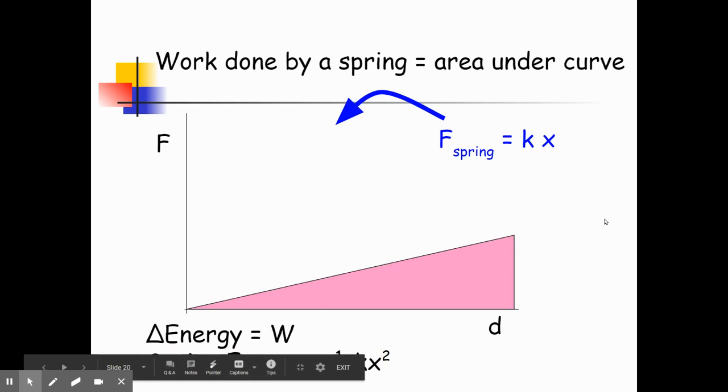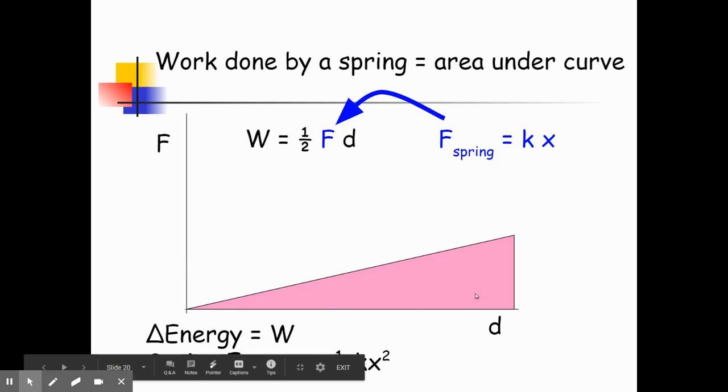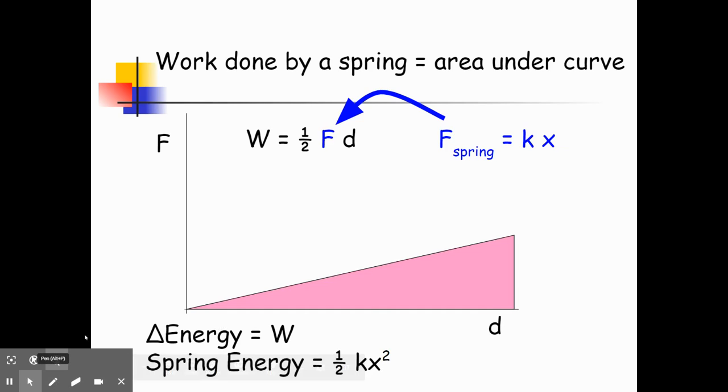So if I go ahead and graph my force versus distance graph for a spring, I know that the force of a spring is going to be my spring constant times the distance that it's stretched. And I know that the area underneath this graph is equal to the work done.